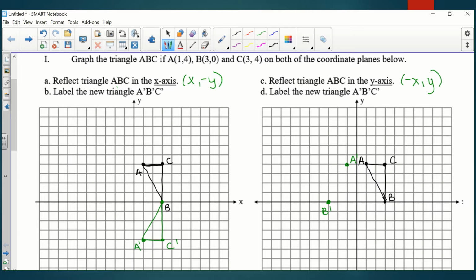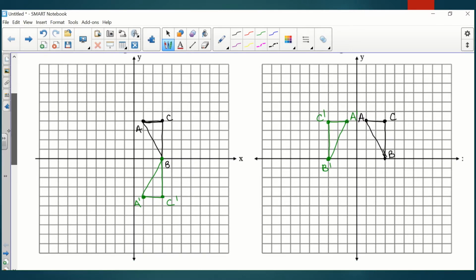And our C value is going to become negative 3, positive 4. All right. Here we go. So here's our reflection over the y-axis. Our points are equidistant from the y-axis on either side. We are in good shape. All right, let's practice more.